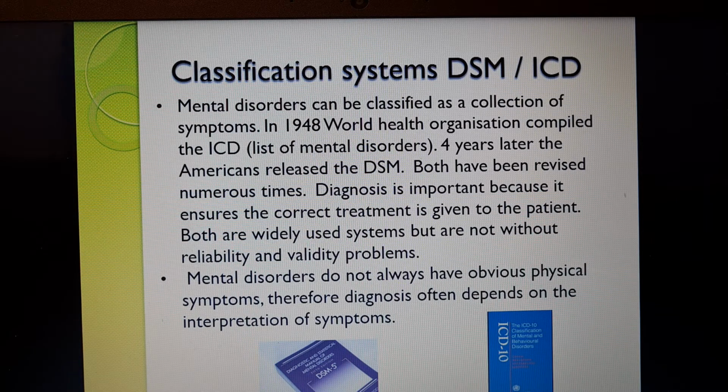Mental health disorders do not always have obvious physical symptoms. We wouldn't expect to look in your brain and see something physically different, which makes diagnosis a lot more difficult because interpretation of symptoms also affects the clinician's judgment.